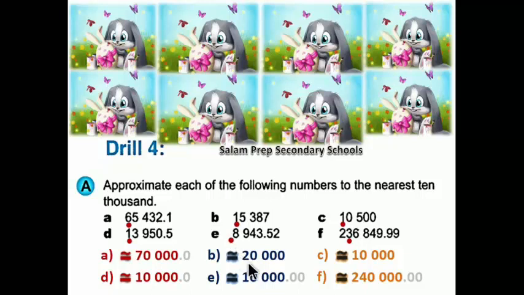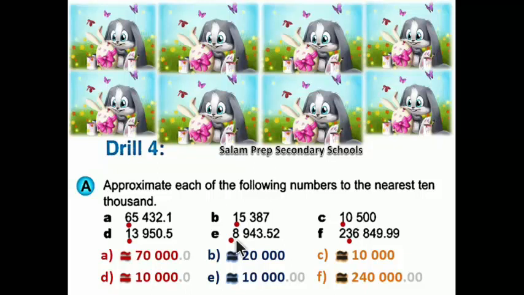0 in hundredths in decimal part, 0 in tenths in decimal part, 0 in units, 0 in tens, 0 in hundreds, 0 in thousands. Now go to 10,000s place. Before 10,000s is thousands.